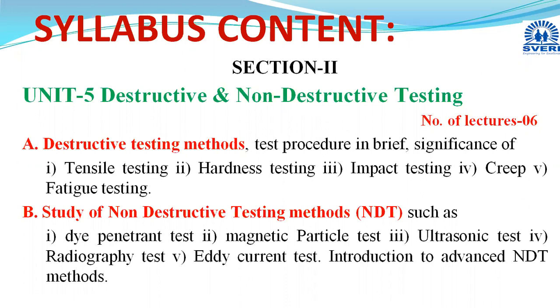We will get the outcome in terms of its properties. In hardness also, we get its resistance to that particular scratching or applied load. Then in the impact test, in all these tests, we are getting information related to the properties. That is the importance of the destructive testing method.